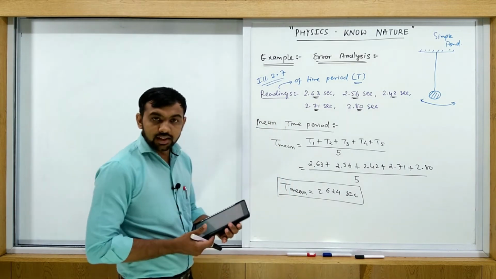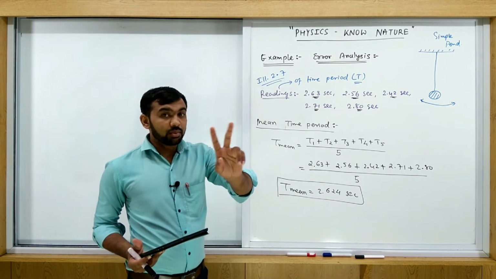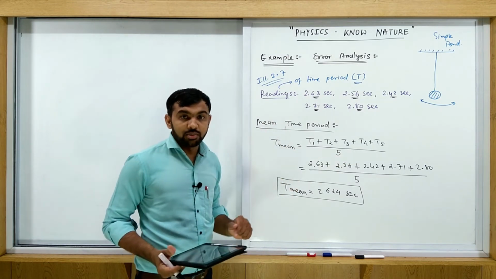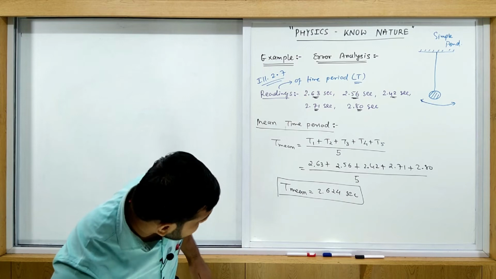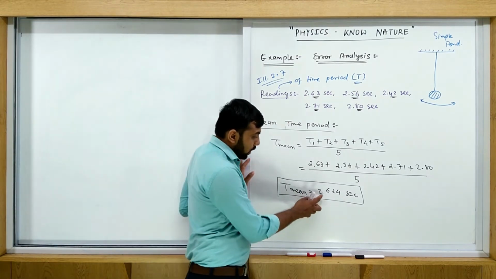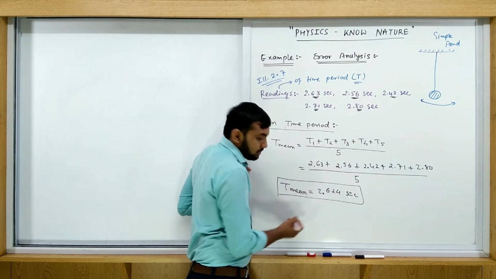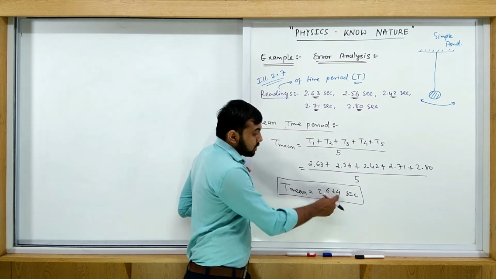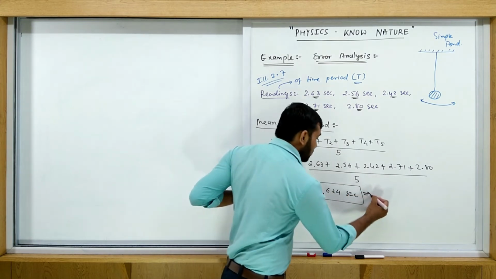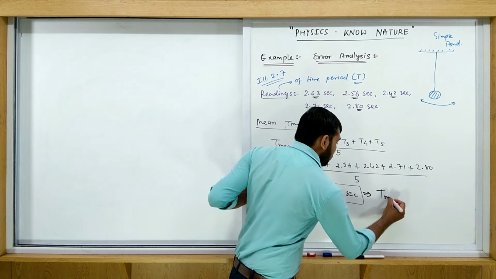Here we have 2.624, so write up to 2 digits; the next digit is a 4, so round off.